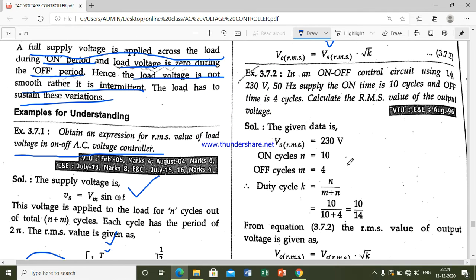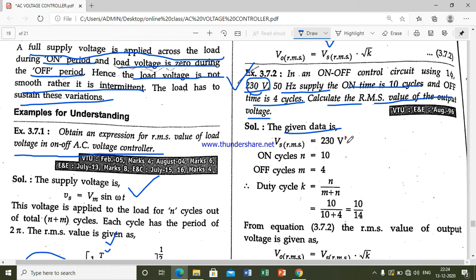Next, we will go with one simple problem. In an on and off control circuit using a single phase 230 volt 50 Hz supply, the on time is 10 cycles and off time is 4 cycles. Calculate the RMS value of the output voltage. For this one, first I will write down what the given parameters are. They have given input supply of 230 volt.